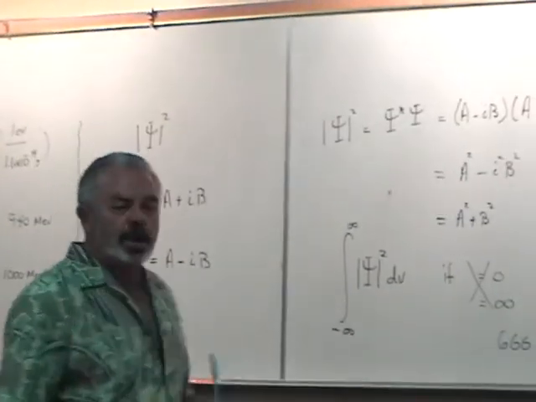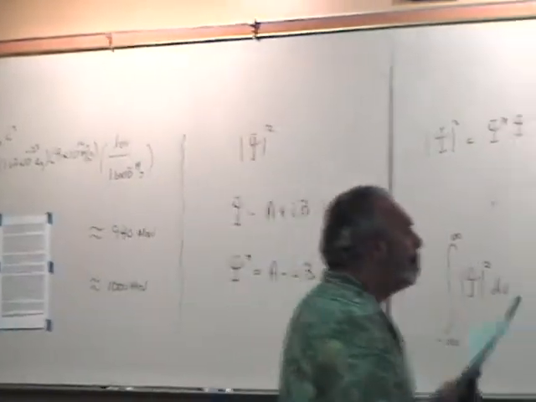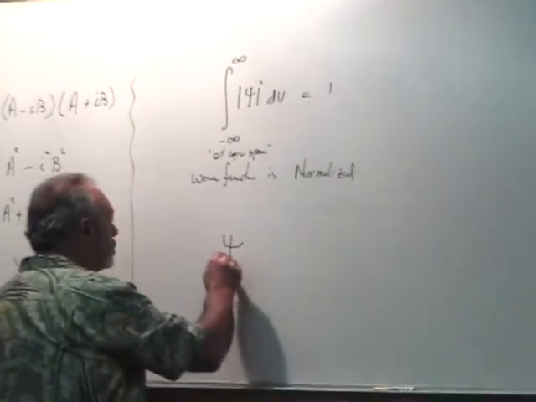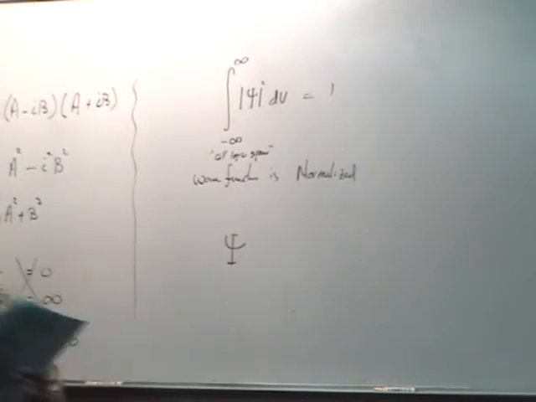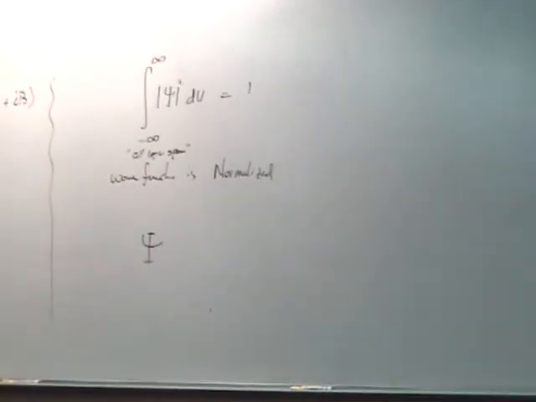By the way, I want to tell you a couple more things about psi. Very important. First off, of course, it must be single valued, huh? Because how could you have 2 probabilities at the same point in space at the same time? So it's got to be a single valued function. It also has to be continuous. That is, if it has a certain probability at this point, immediately adjacent to it, it has to have a similar probability.